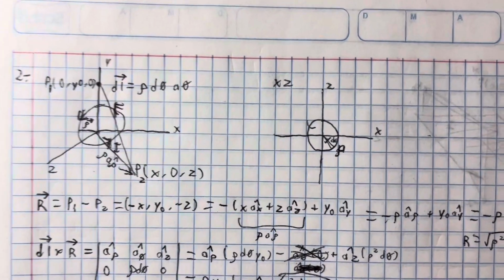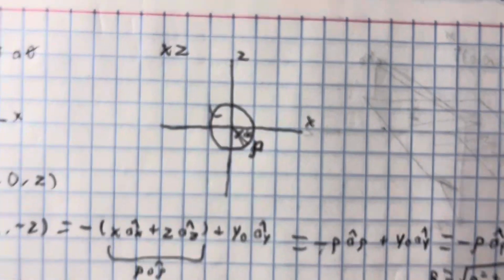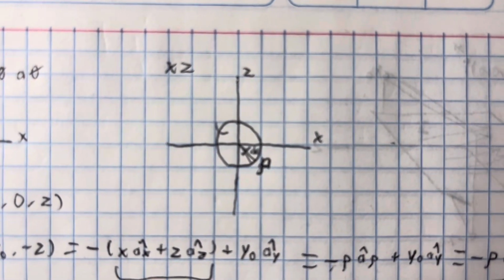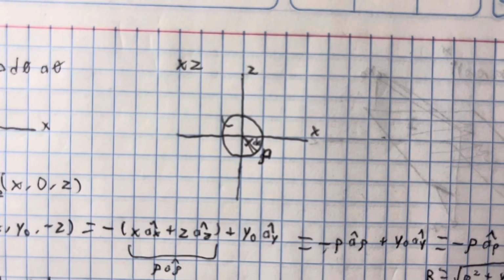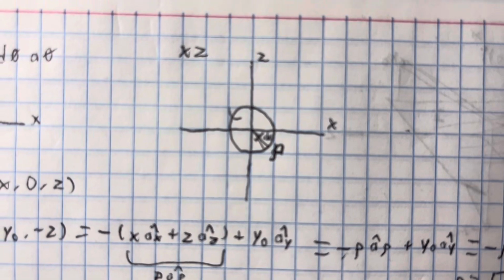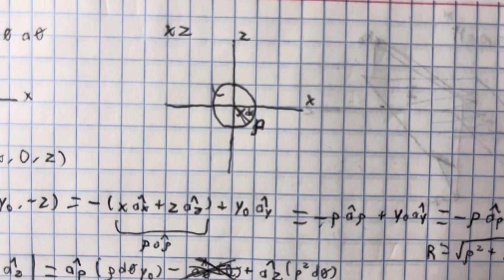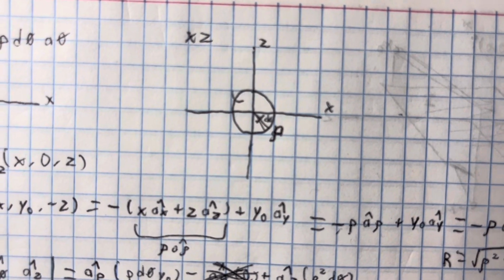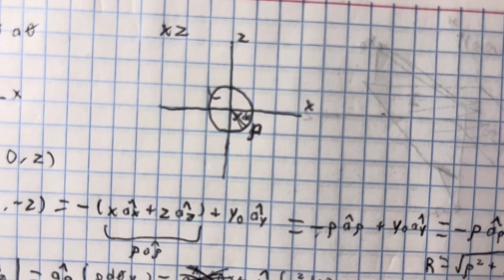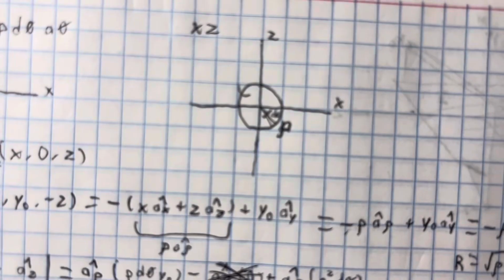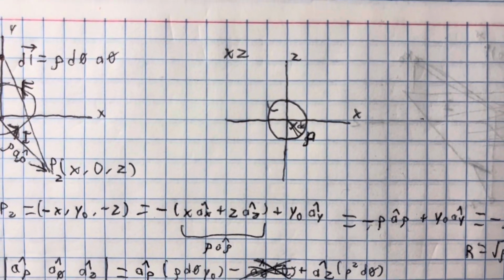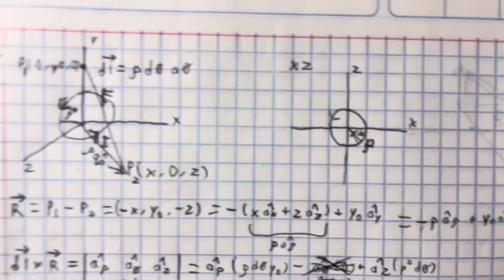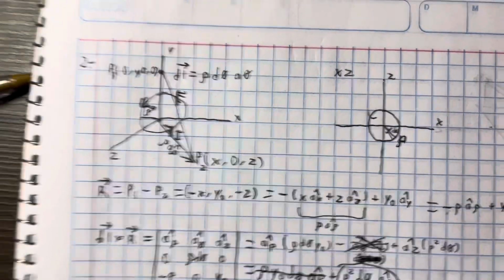To get the differential of line, looking from the xz plane, we can see that it's just the radius times the differential of the angle, that small angle there, and this gives us the differential of line in the phi vector.